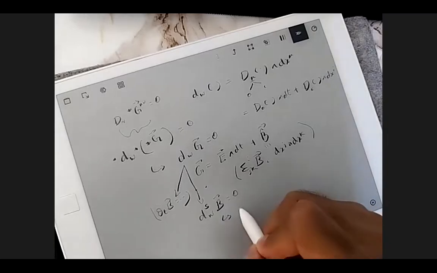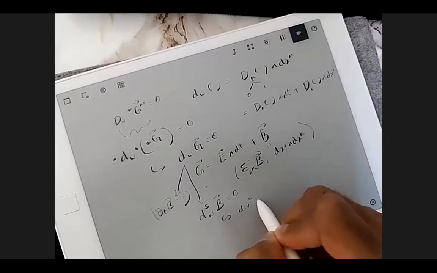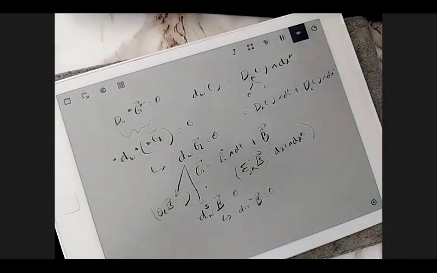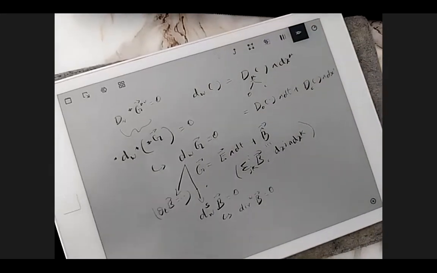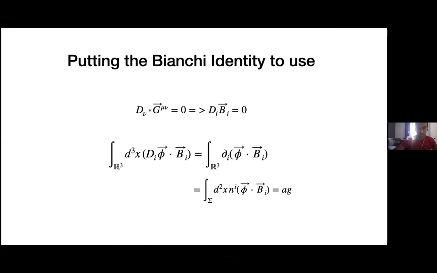Right. Which then takes us back to our slide, and shows that that just leads you to a boundary term when you do the integral.